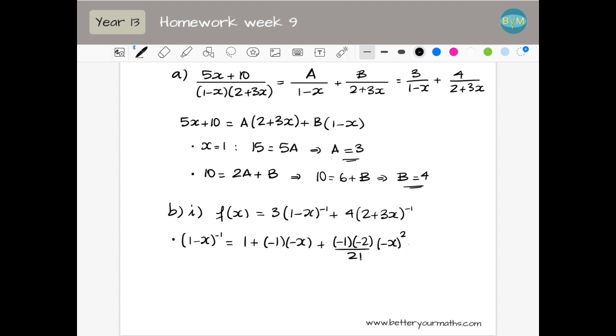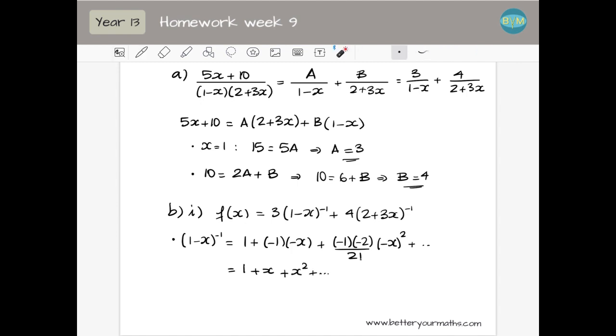And I can stop now because they tell me up to x squared. Then I find the coefficients. So I have 1, minus 1 times minus x is plus x, and then minus 1 times minus 2, you can do it with the calculator, is 2 divided by 2 factorial is 1, and then minus x squared is plus x squared. So this is my first expansion.